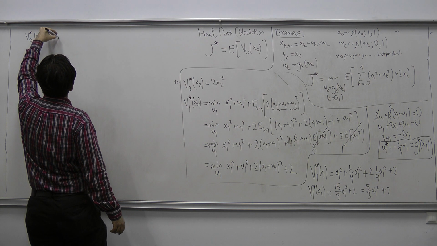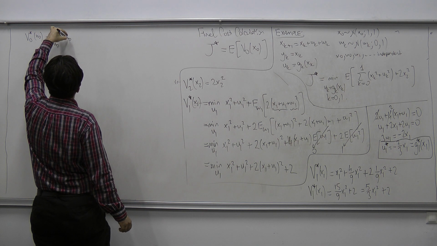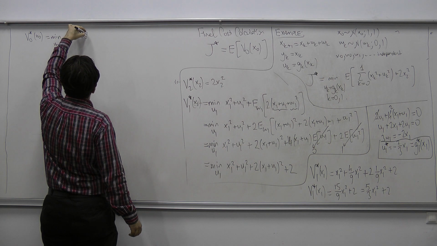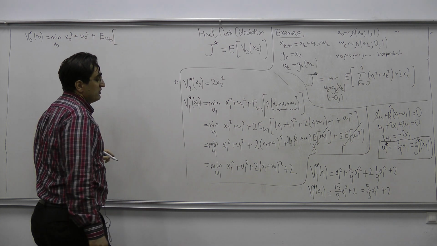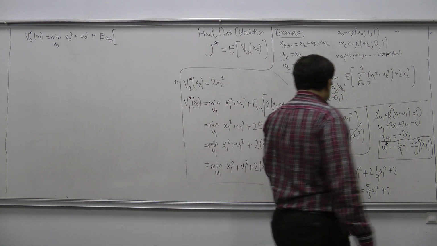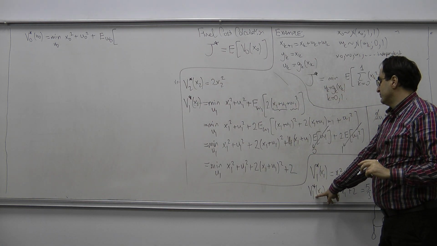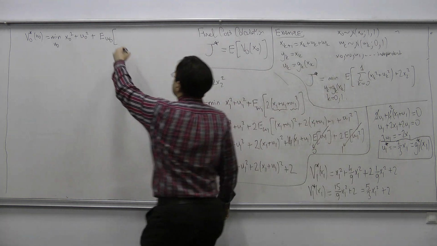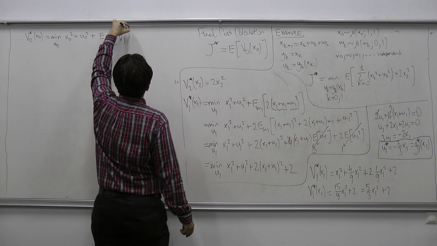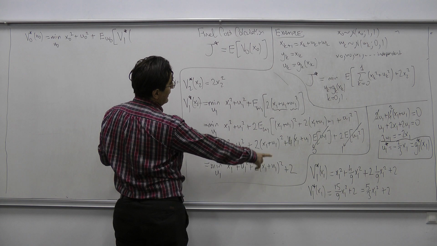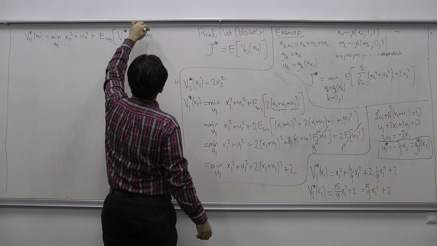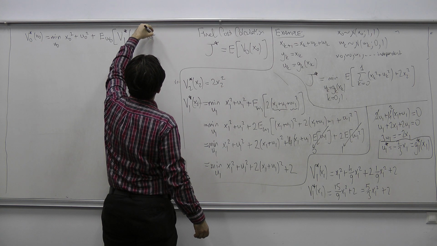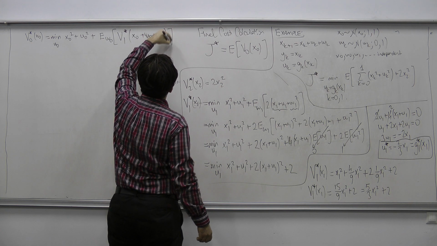I would of course have to minimize with respect to u0, x0 square plus u0 square plus expected value with respect to w0, and in this case I will substitute there v1 star of x1, and x1 is x0 plus u0 plus w0. Okay?